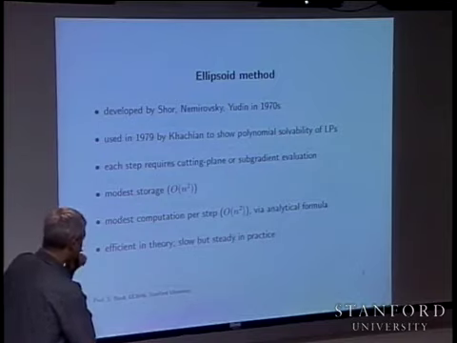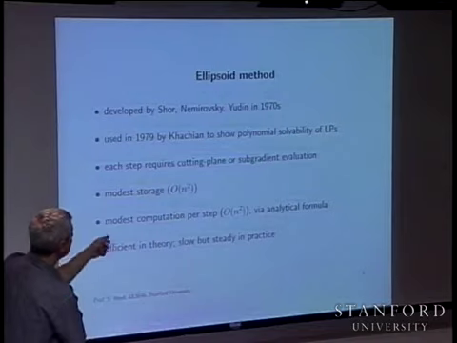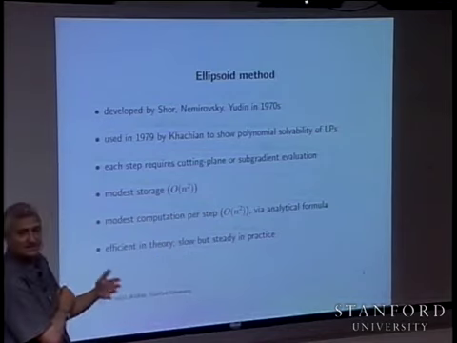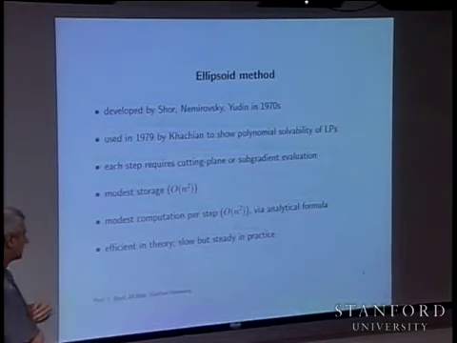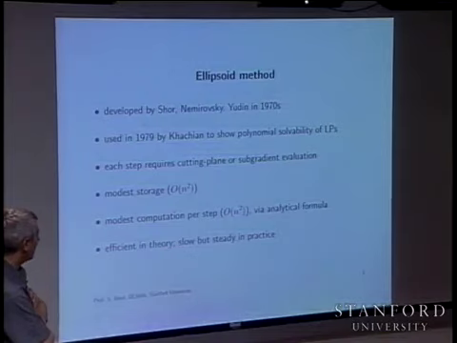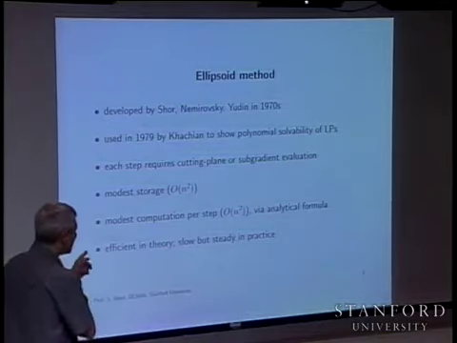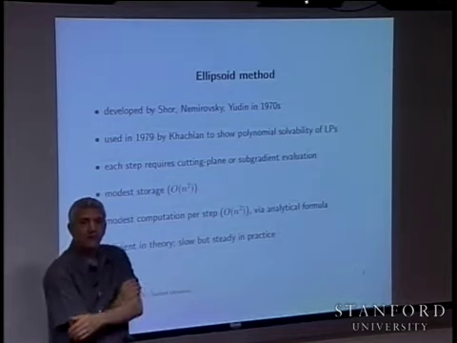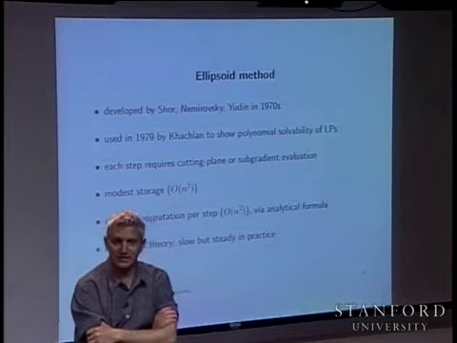In the ellipsoid method, the update involves solving a convex problem, but it has an analytic solution, and it's order n squared. It's efficient in theory and slow in practice, like the subgradient method, except that it's better than the subgradient method.